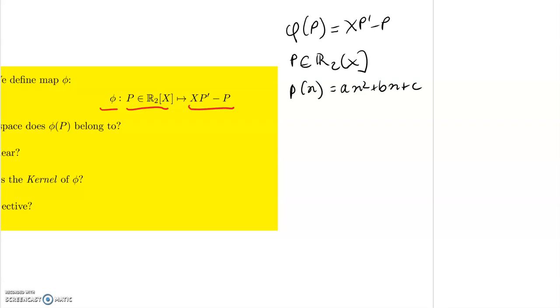All right, so if I apply my map phi, I will have to compute p prime.